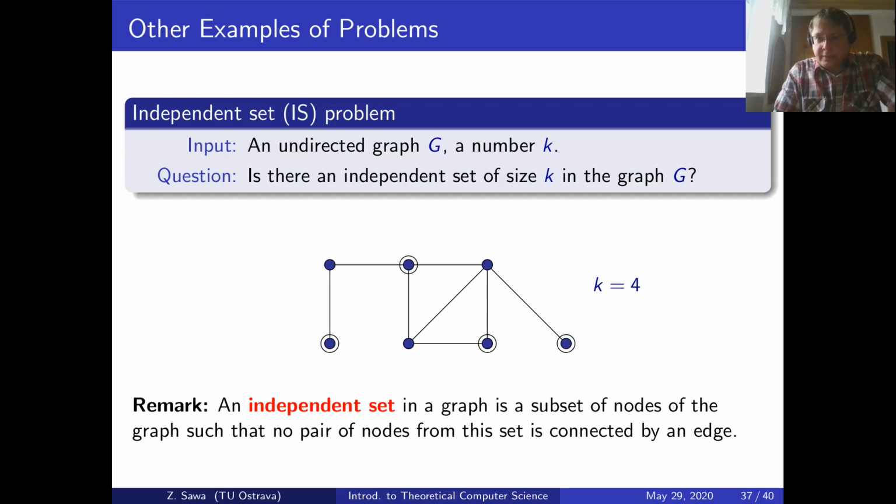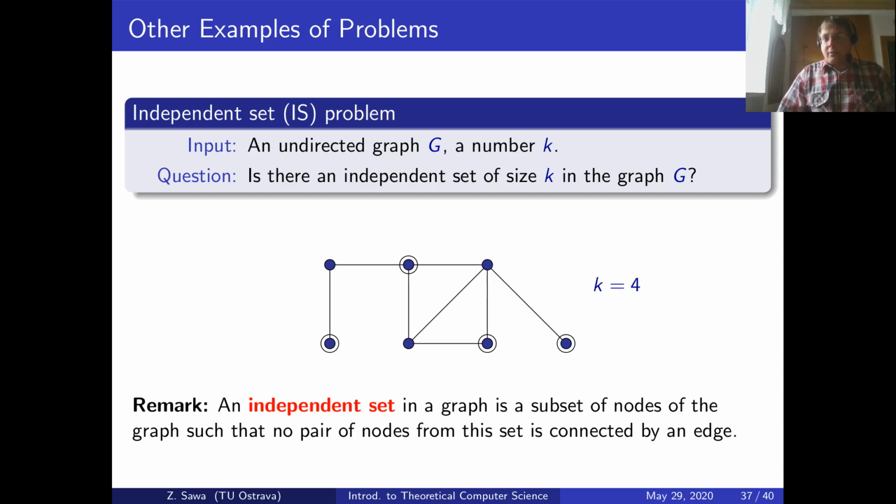What is even more interesting is that if somebody would succeed in finding a polynomial time algorithm for at least one of these NP-complete problems, it would immediately give us polynomial time algorithms for all other NP-complete problems. And on the other hand, if somebody would prove for at least one of these NP-complete problems that it's not possible to have a polynomial time algorithm, it would imply that there cannot exist a polynomial time algorithm for any of these problems.